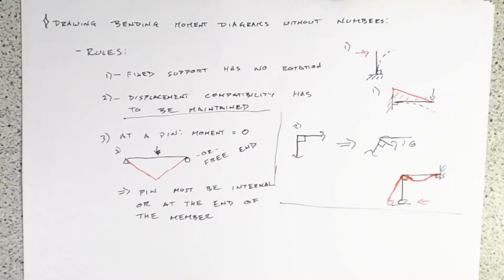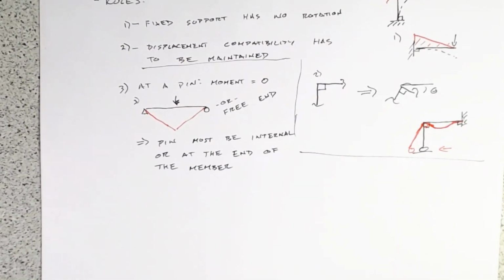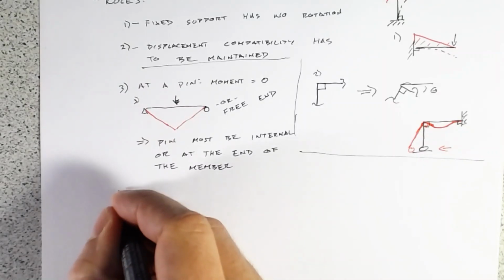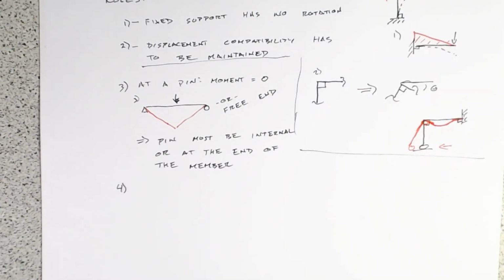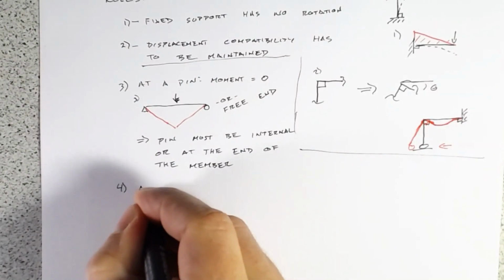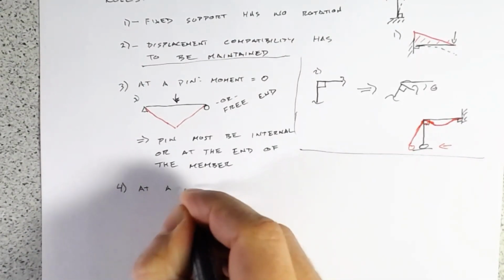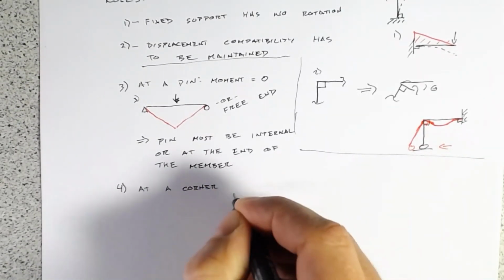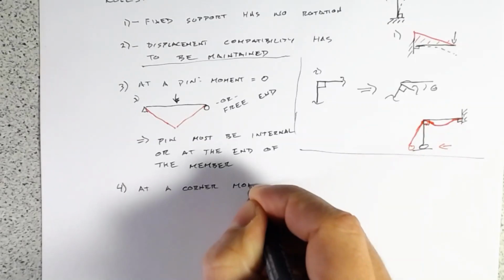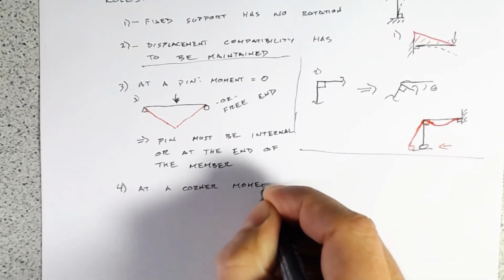All right. And so rule number 4, we only have 2 more rules to go. Rule number 4, at a corner, moments are equal and opposite.